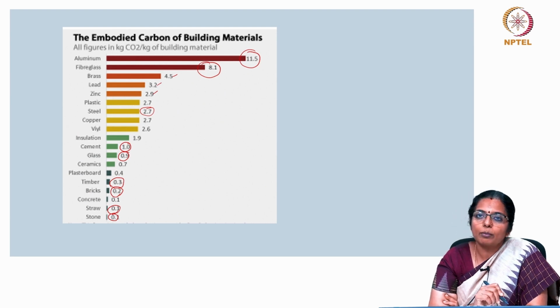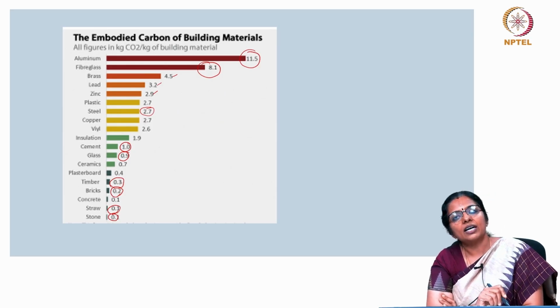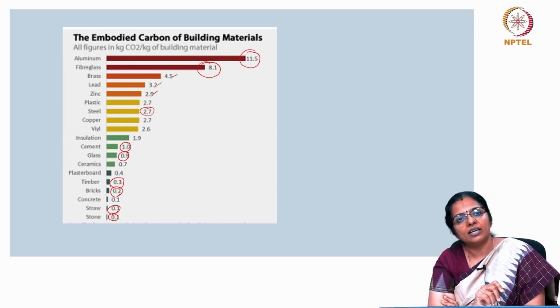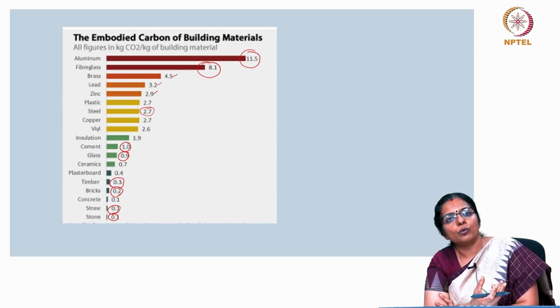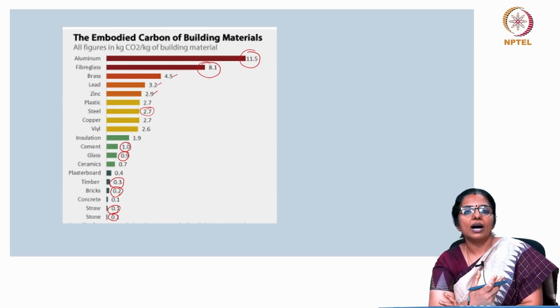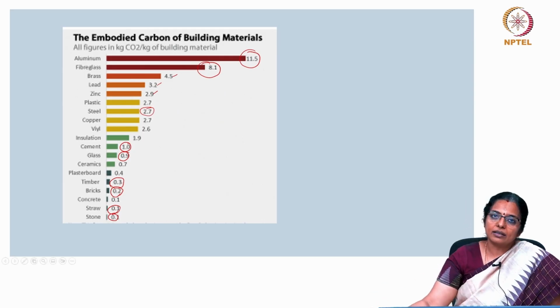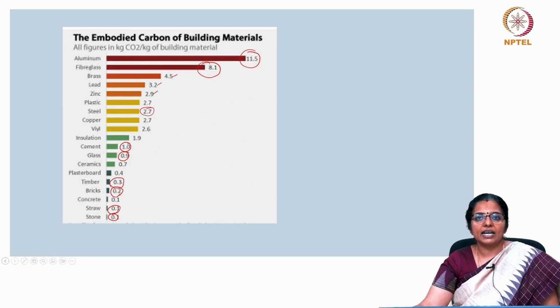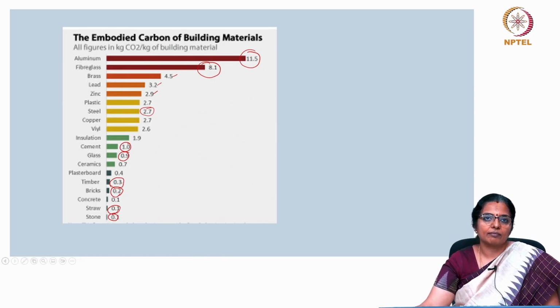For example, the embodied energy of sand is very, very less. But if we start using excessive sand just to prove that the building is low embodied carbon, it is going to harm the environment aggressively. So, you need to have a balance and understand energy and environment together.